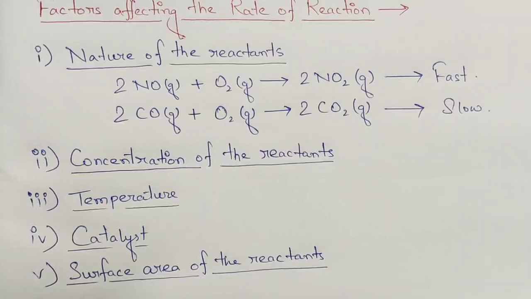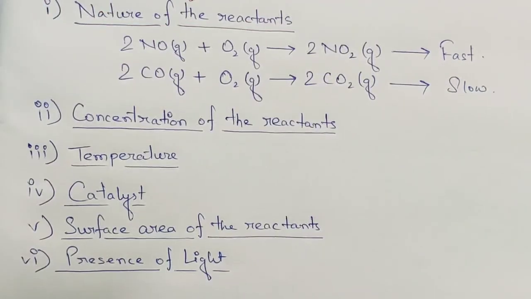The last important factor which affects the rate of reaction is the presence of light. For photochemical reactions, that means those reactions which do not take place in the dark but take place only in presence of light, light is an important factor to increase the rate of reaction. So for photochemical reactions, the rate of reaction will increase only in presence of light. It decreases in absence of light or in presence of dim light.